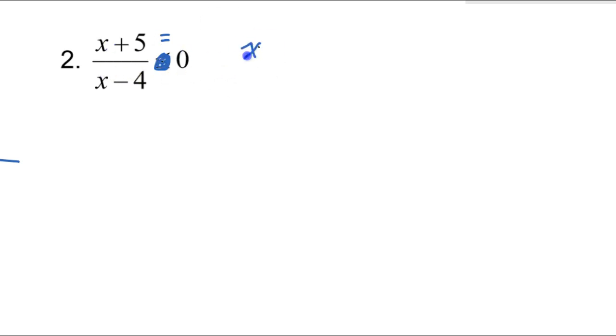So that's going to give me x equals negative 5 right away. So that's one critical value. Now I'm looking for the illegal values. X cannot equal 4 because that would cause a 0 denominator. So this is also a critical value. So these are my two critical values.